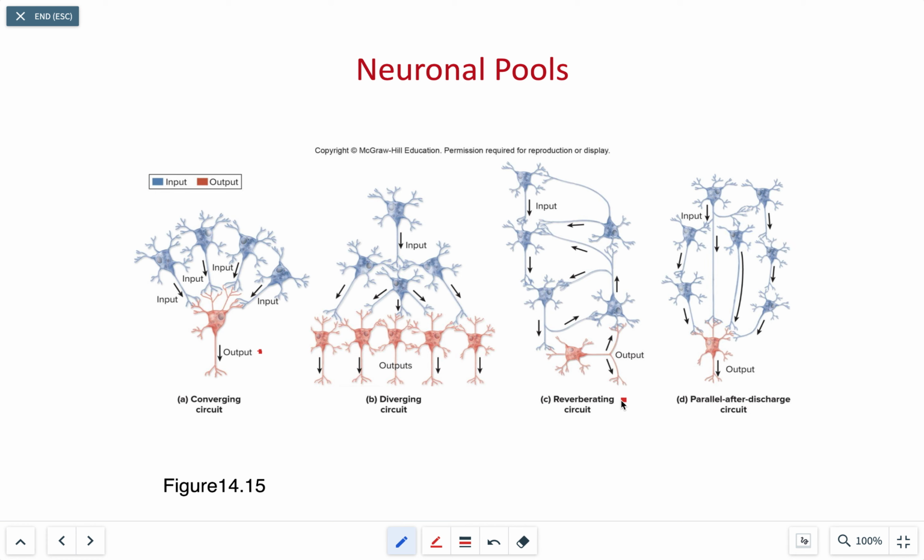The reverberating circuit utilizes a feedback. So we can see here, this feedback allows for repeated cyclical stimulation of the circuit. Once this is activated, the circuit will continue until there is an inhibitory stimulus or synaptic fatigue.